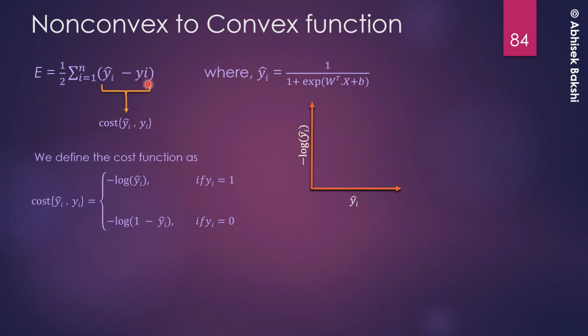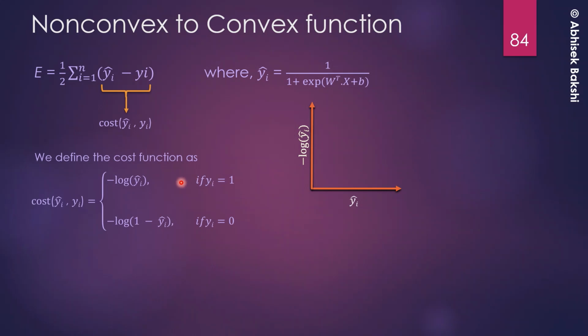That is why we are trying to redefine the cost function in such a way that the difference between these two is considered as either minus log of yi cap or minus log of 1 minus yi cap. Minus log of yi cap we will consider if the actual output is 1.